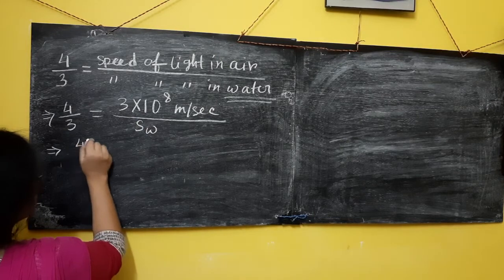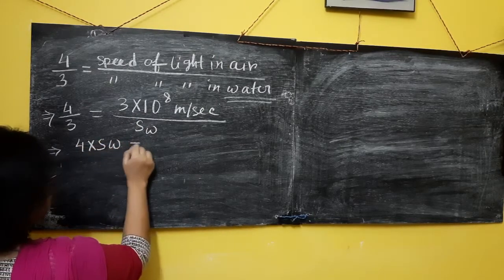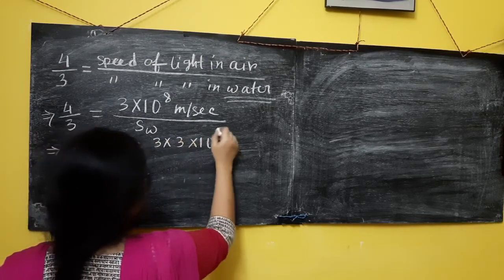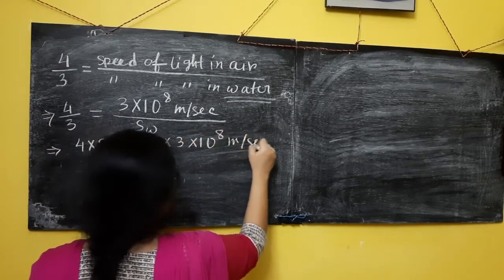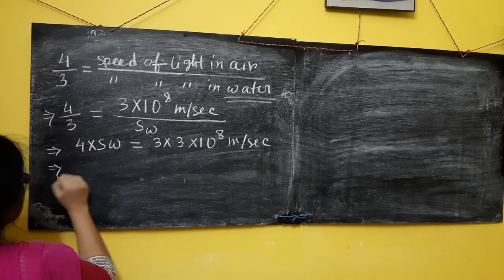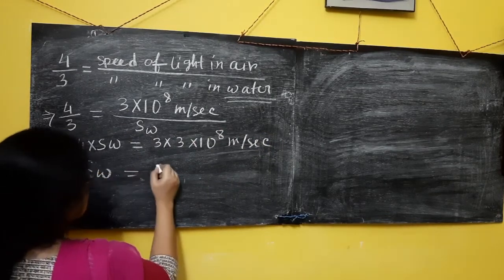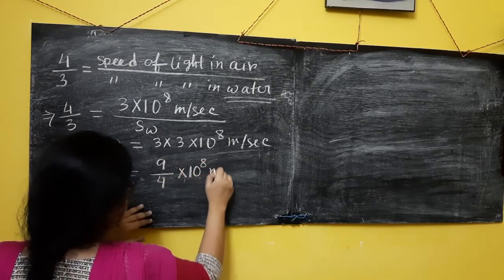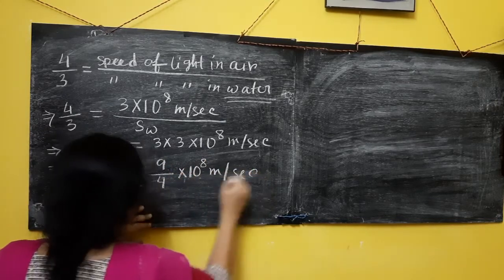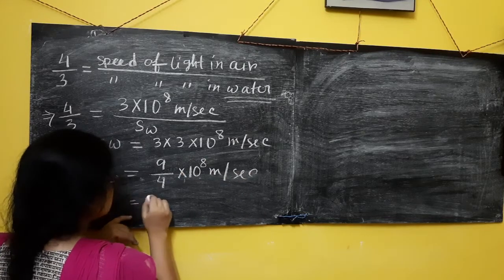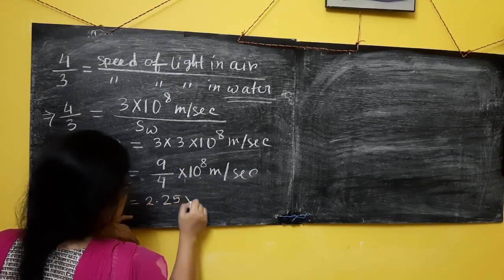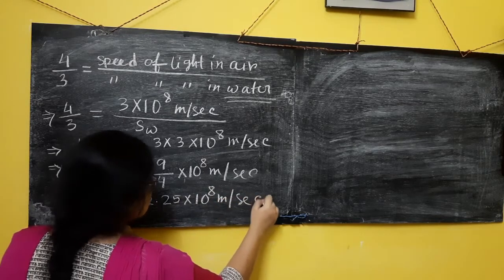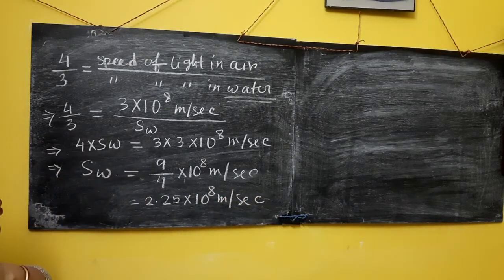So 4 into SW equals 3 into 3 into 10 to the power 8 meter per second. So SW equals 9 by 4 into 10 to the power 8 meter per second. 9 by 4 means 2.25, so it becomes 2.25 into 10 to the power 8 meter per second. This will be the speed of light in water.